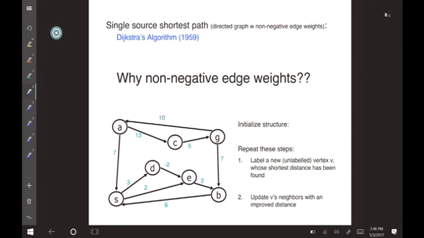I'm going to pretend like I update the whole thing in exactly the same way that we've done before. And we're going to start from S. All the other distances at this point are infinity. The first thing I do is label S and update its incident edges. So D is going to have cost 3, and I get there via S. E is going to have cost 2, and I get there via S, right?